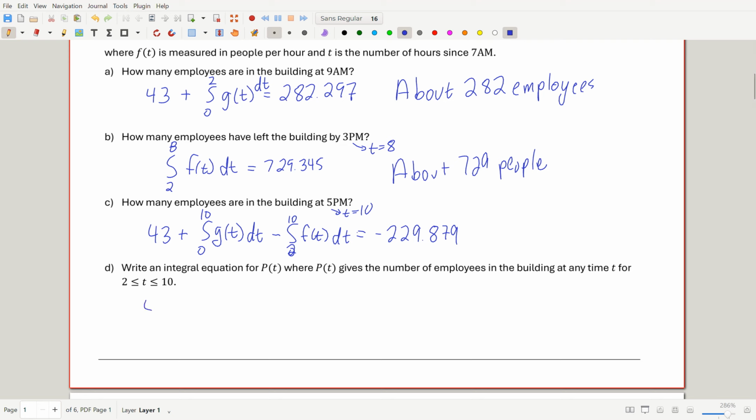So the correct answer for this would be just replacing those 10s with t's. We do need to use a different variable here. So I'm going to do g of x dx, and then minus the integral from 2 to t of g of f of x dx.